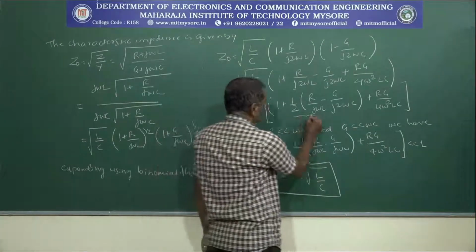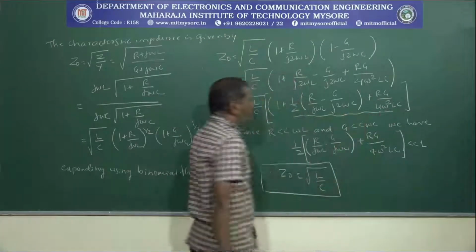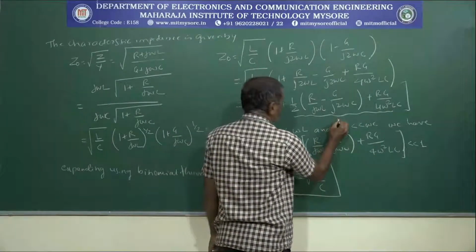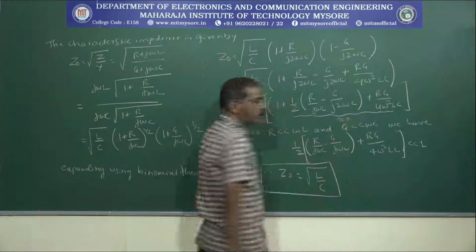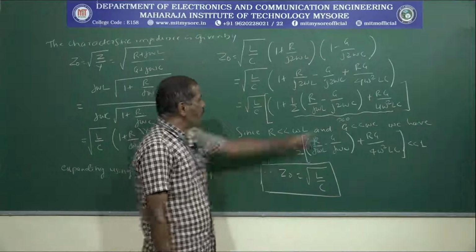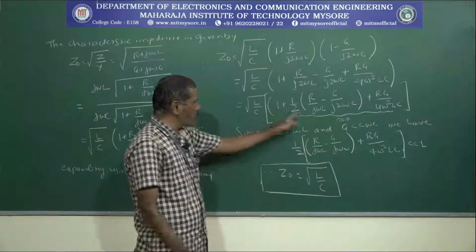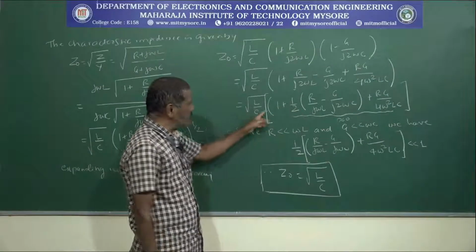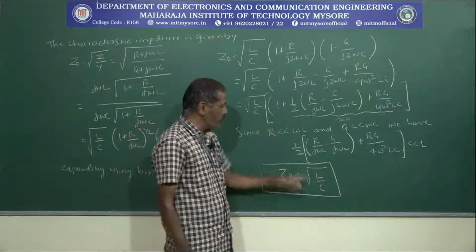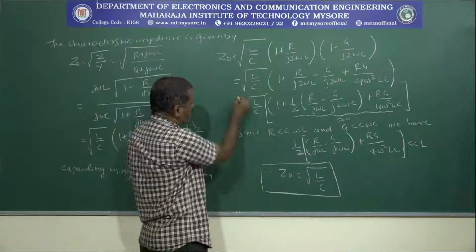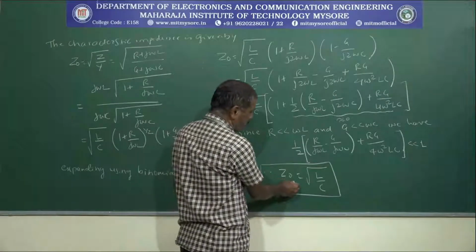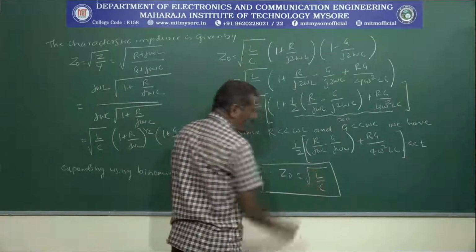So this term is going to be nearly equal to 0. When the value is nearly equal to 0, it is going to be 1 plus 0, that is equal to 1. Then root of L by C into 1 is root of L by C. Therefore, the characteristic impedance is given by the root of L by C.